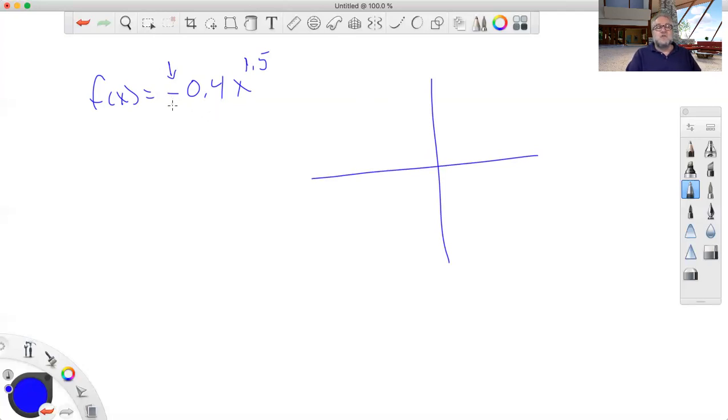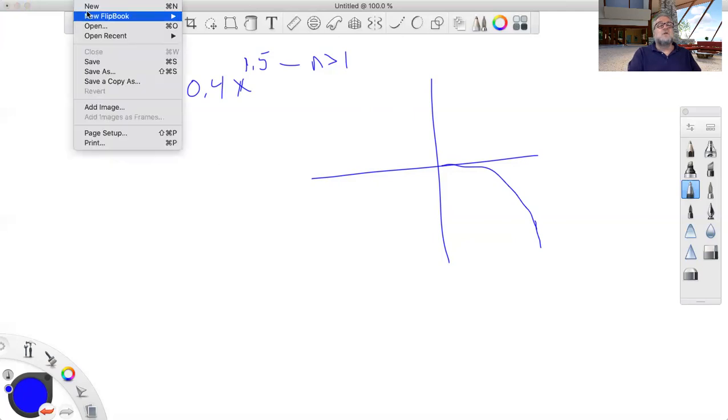The minus sign tells me what it's going to do. It's going to give a little bit of a vertical shrink, but we're not looking for that. We're looking for the general shape of the function. n is greater than 1, so it's going to be one of these, like a parabola facing down. Okay?